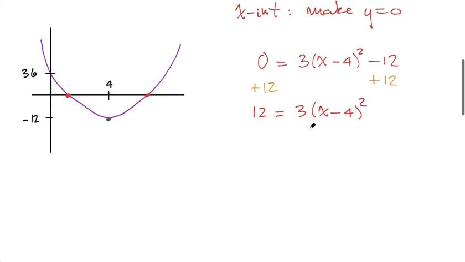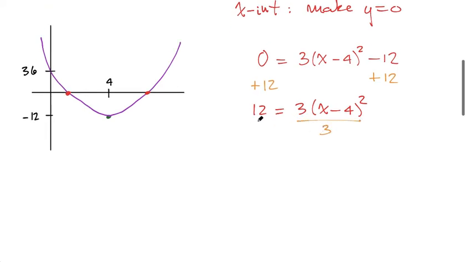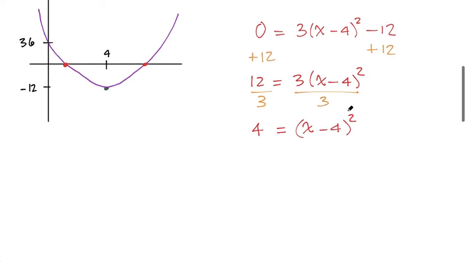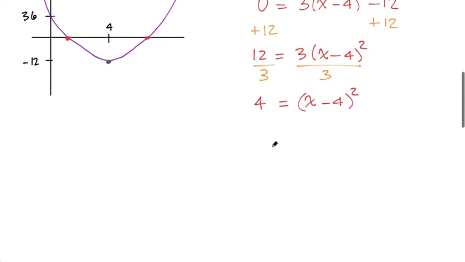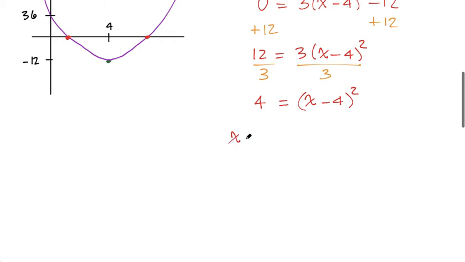Now I need to divide everything by 3. Divide by 3 here, divide by 3 there, leaving me with 4 equals (x minus 4) squared. Before taking square roots to remove the squared, I'm going to rewrite my equation. I'm going to flip it, just to make it look nicer.